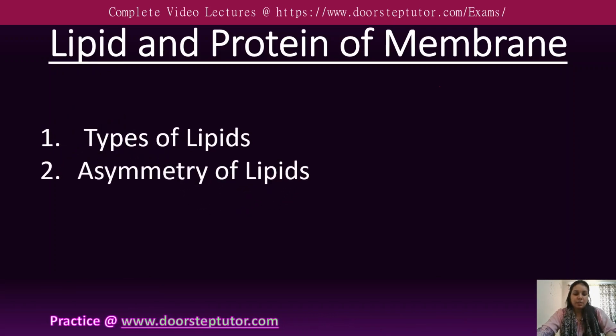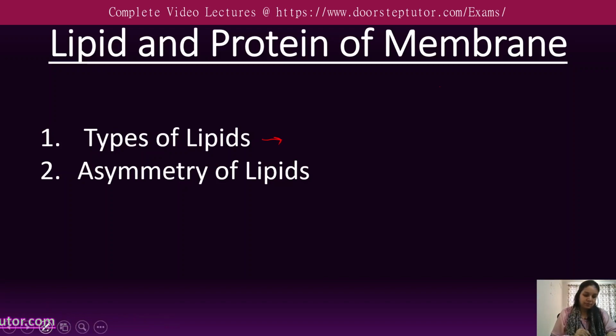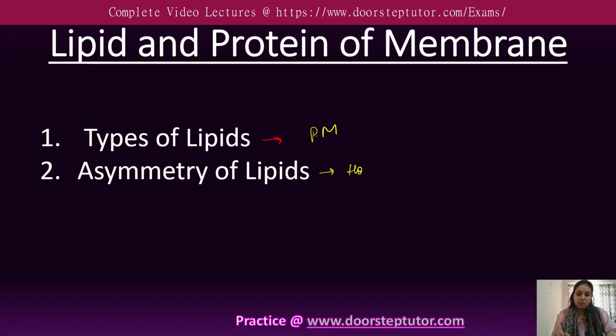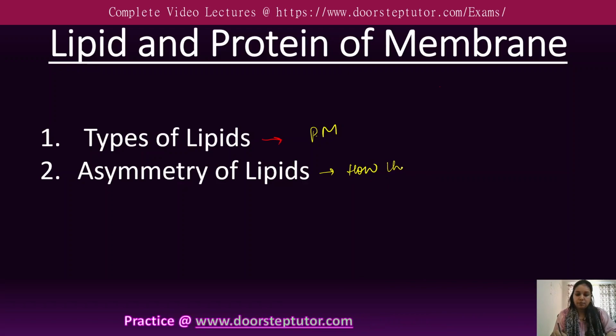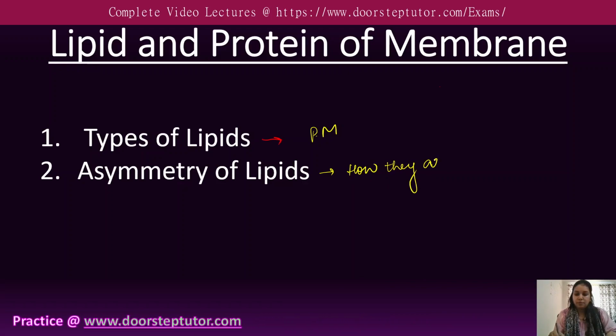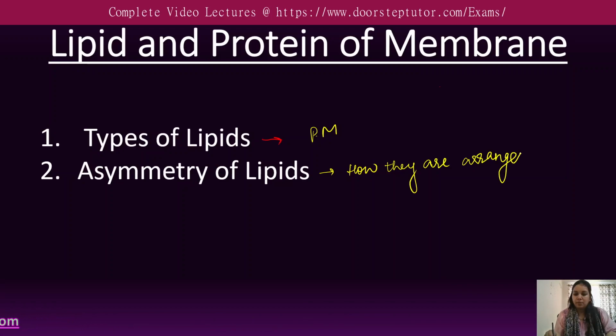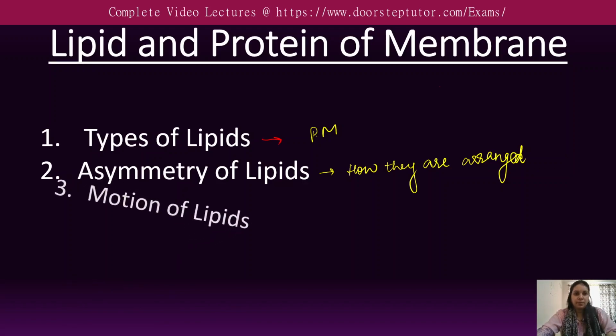We'll discuss first about the lipid, how many types of lipids are present in the plasma membrane, the asymmetry of lipids, how they are arranged in an asymmetrical manner.